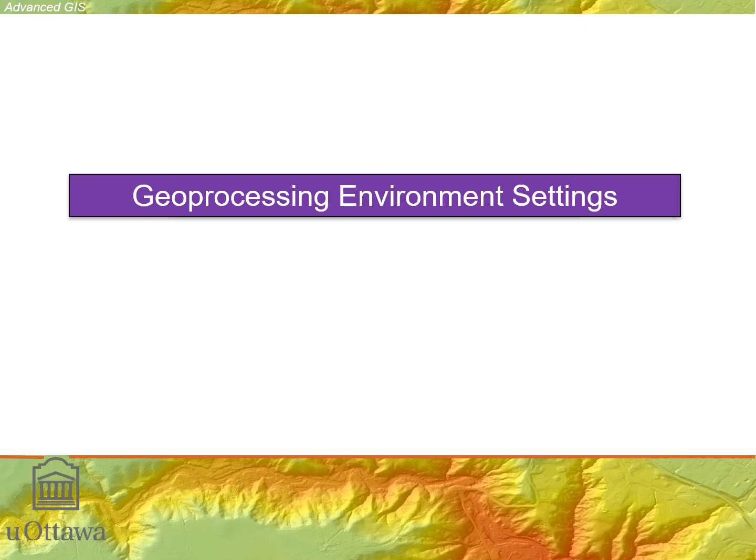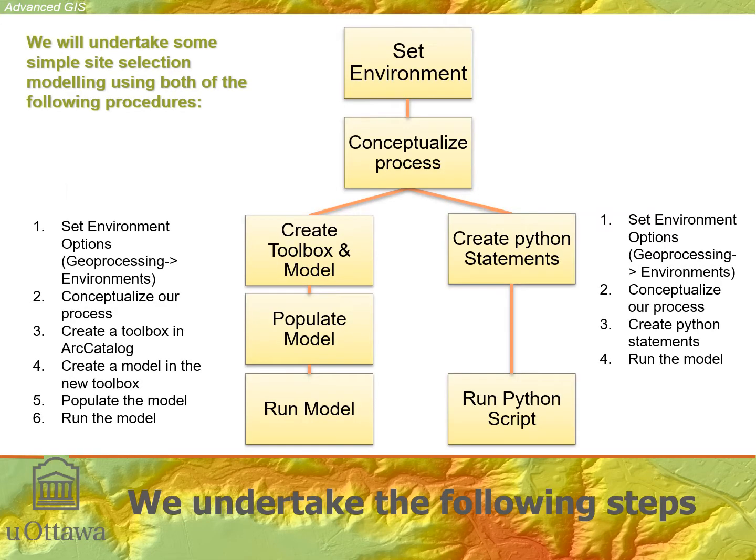The fundamental thing that you must understand about undertaking analysis with multiple raster layers is the importance of setting the geoprocessing environment. So to undertake modeling, we first have to set our environment. So that's the first thing up here, setting the environment.